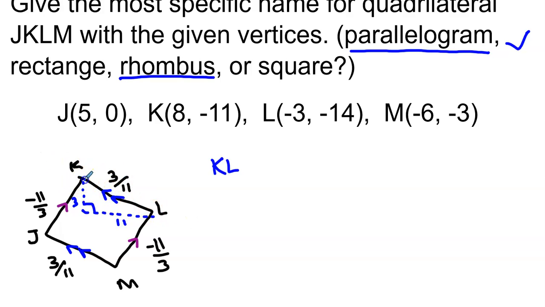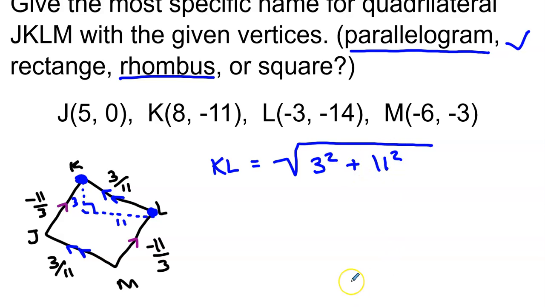We just need to do essentially the distance formula, which is really just Pythagorean theorem. So the distance from K to L, if you remember the distance formula, is just the square root of 3 squared plus 11 squared. All right, and that's some number. I'm not going to go through and actually figure out what that number is. I just want to find all the other lengths.